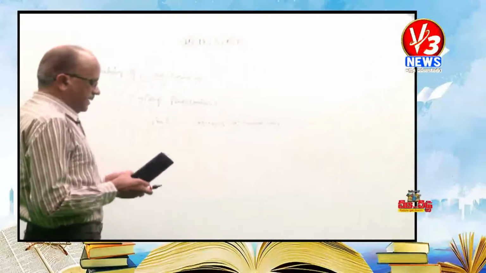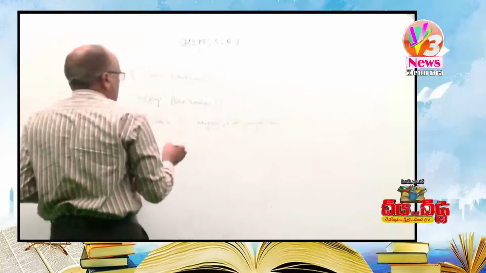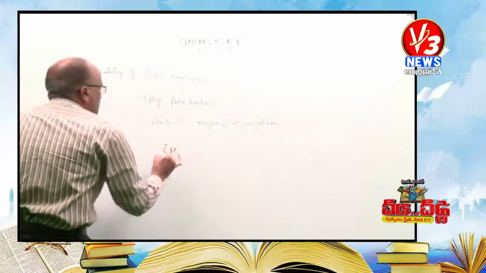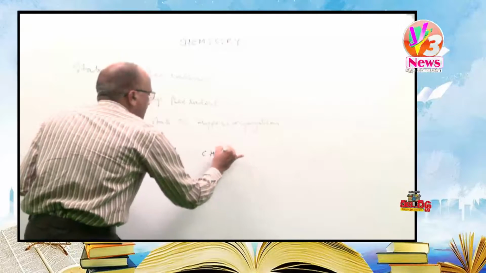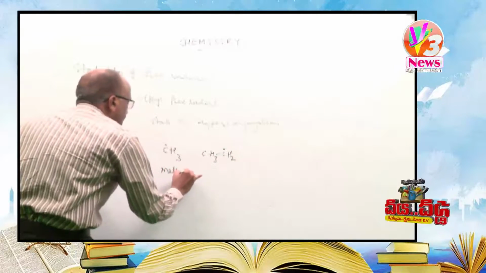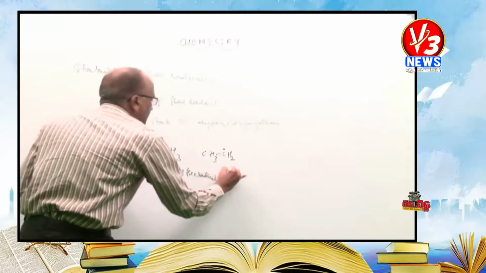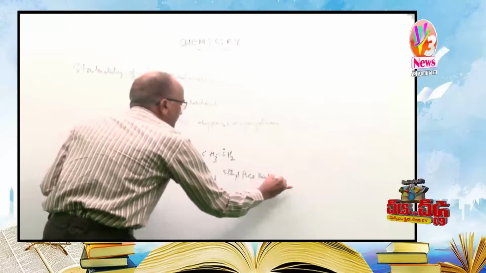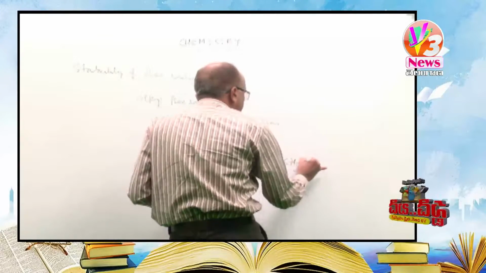So, stability is directly proportional to hyperconjugation. Now, I will take this methyl free radical, next ethyl free radical, this is a primary free radical, then isopropyl free radical.